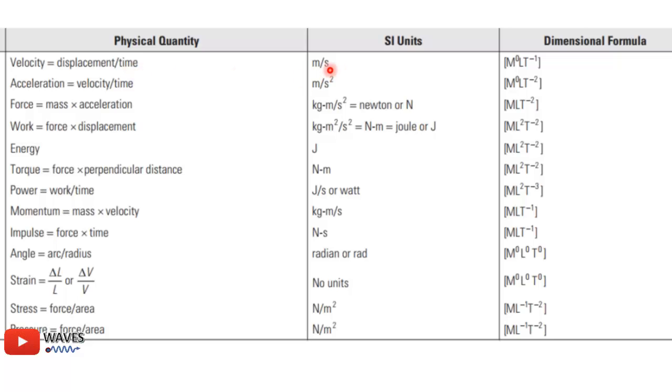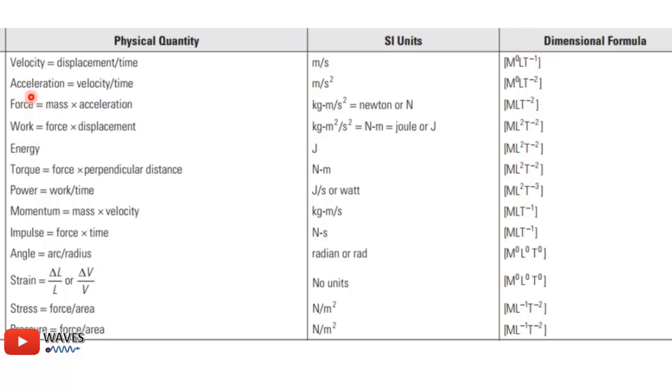So how do we write it down as a dimensional formula? The dimension of meter is L. The dimension of time is T, but T is in the denominator, so I raise it to the power of minus 1. So I can simply write it as L T to the power minus 1 within the square bracket. However, I can also write M L T all three together, and M will have a power of 0 because there is no mass involved.